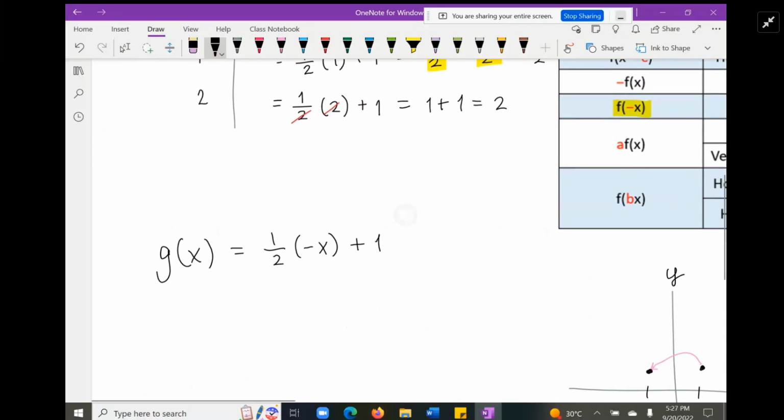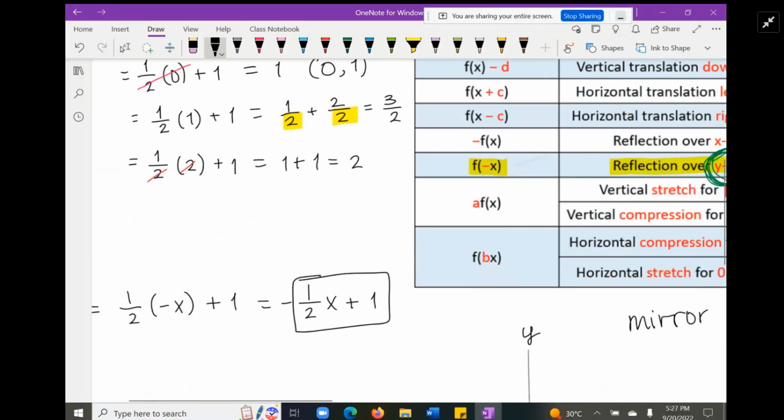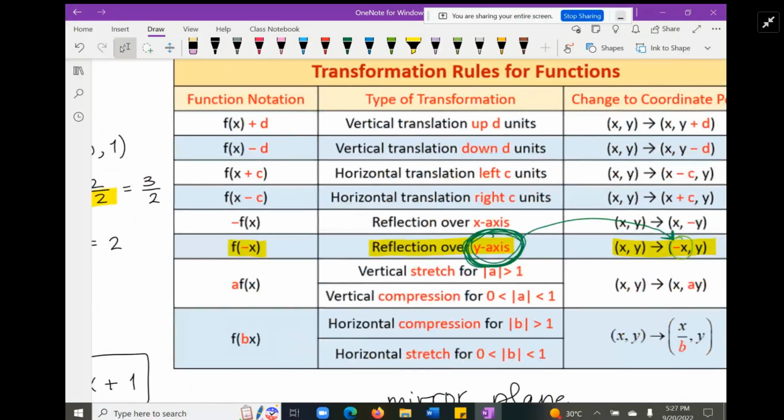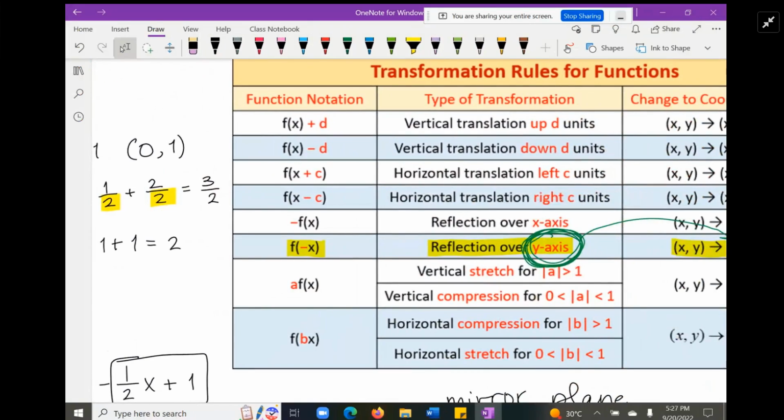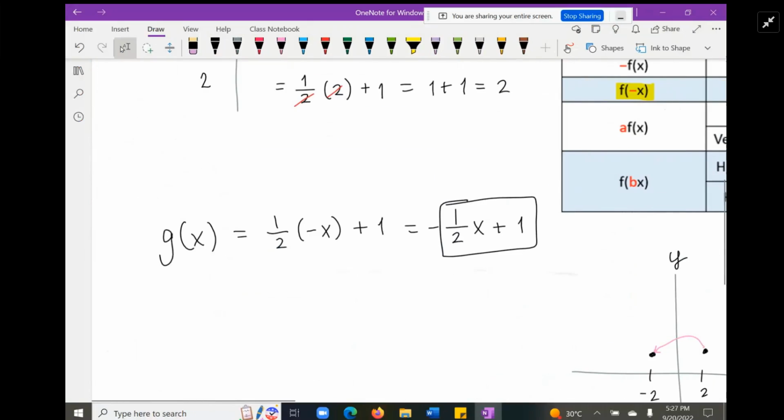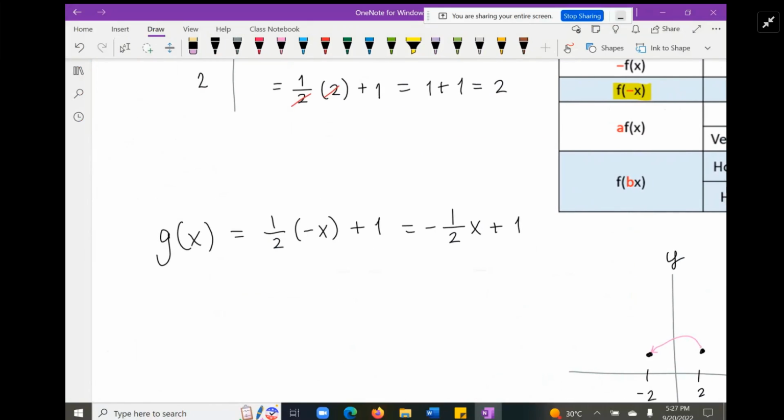Now you probably guessed it too. Well, we still get -1/2 x. That's still, as you could say, on the function. So then it's going to look like a reflection over the x-axis. And that is correct. Graphically speaking, when it comes to the linear function, it's hard to distinguish between the two.